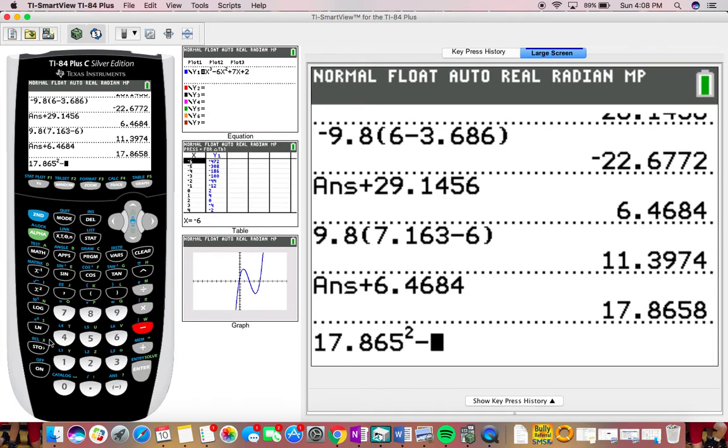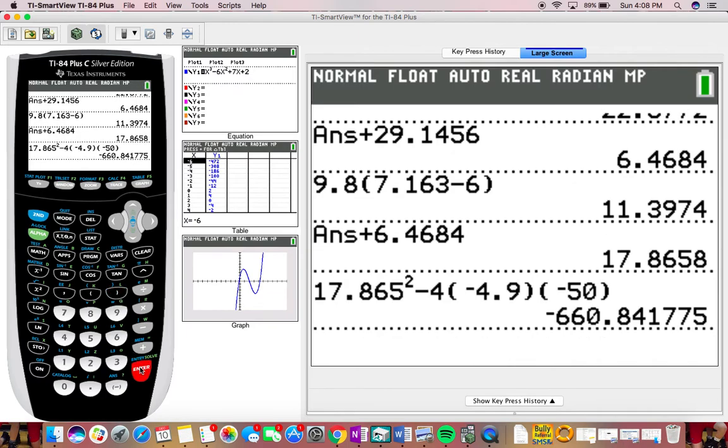And then we're going to subtract 4 multiplied by a, which if you recall, was a negative 4.9, multiplied by c, which if you recall, was a negative 50. And we type all that in, and here's what we get. We get a negative 660.842, which here's what that means.